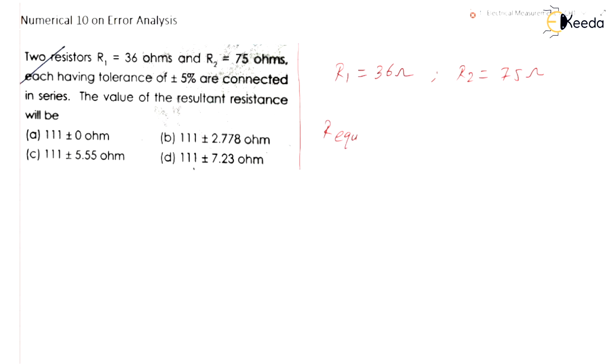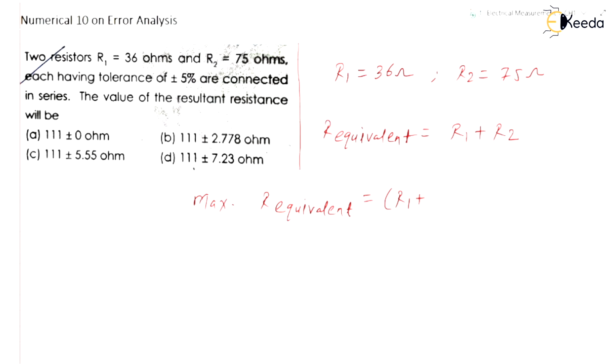I am writing it as R equivalent, yes, is equal to R1 plus R2. Okay, so we can write maximum value of R equivalent, that is nothing but the resultant resistance maximum value, is equal to R1 plus R2. So the equivalent resistance will be at its maximum value when R1 is at maximum as well as R2 will be at its maximum value.